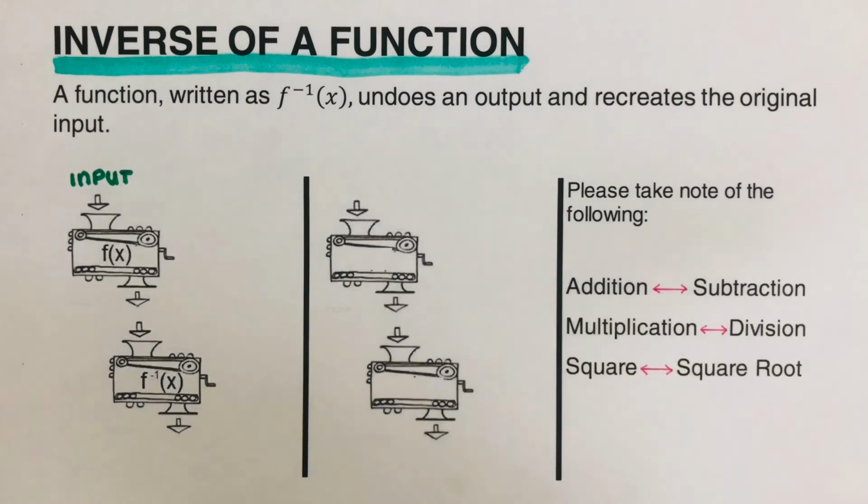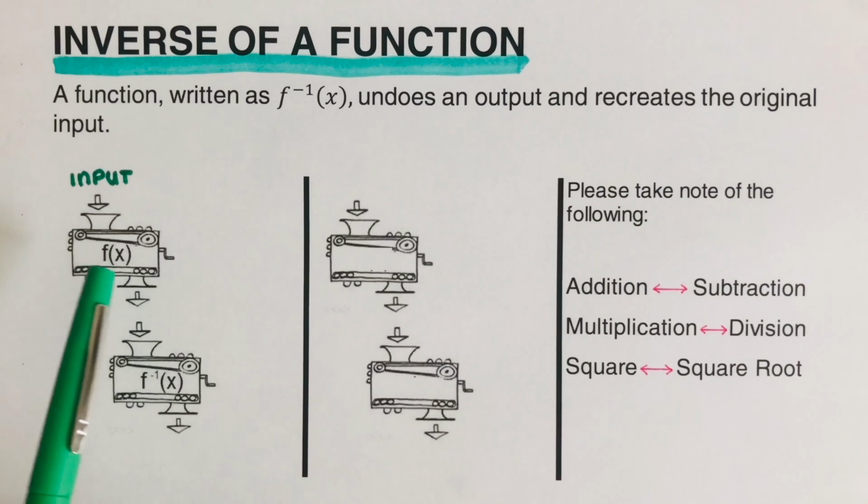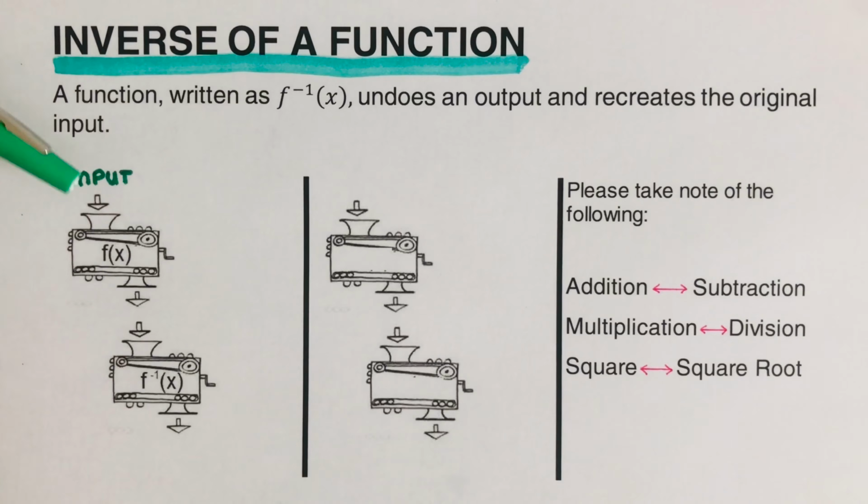If these are like function machines, as I've mentioned a lot of times in our class, a function machine will process an input. Once we put in a number here, this first machine will process it. We call it f of x.